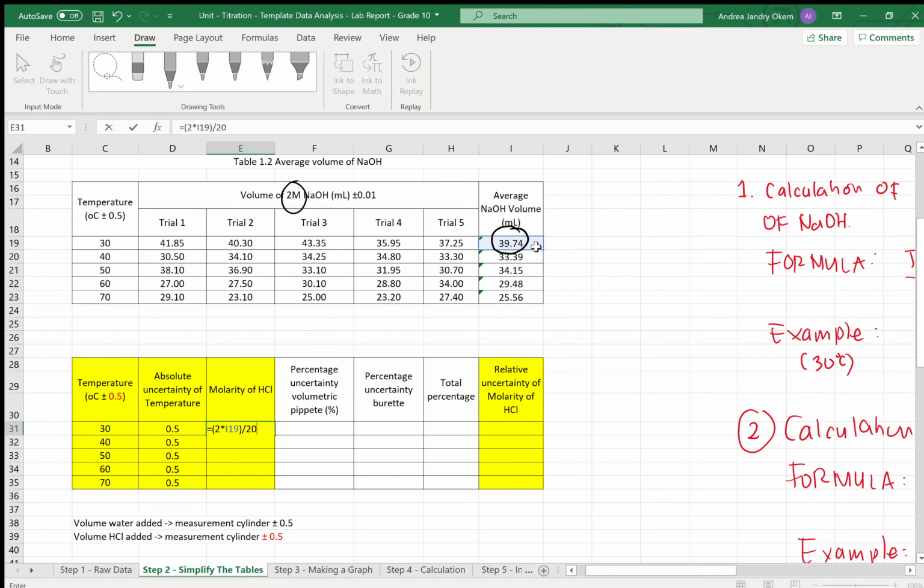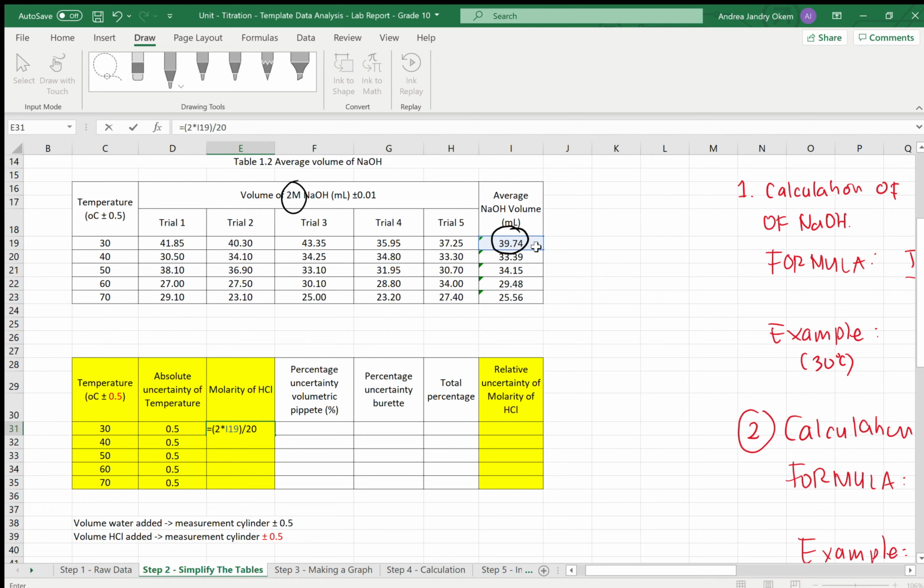It depends. If you have volume water added, not only 20, you have to add the water. If you have volume hydrochloric acid added, you have to add the volume of hydrochloric acid, the original one, the water, and also the volume hydrochloric acid added.